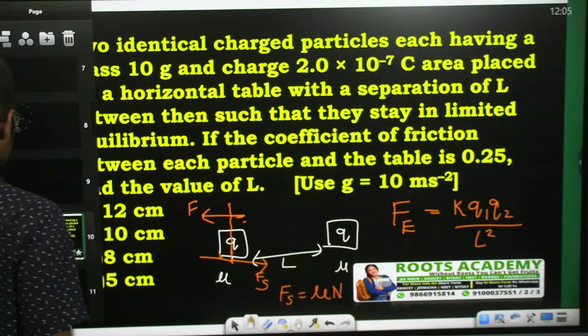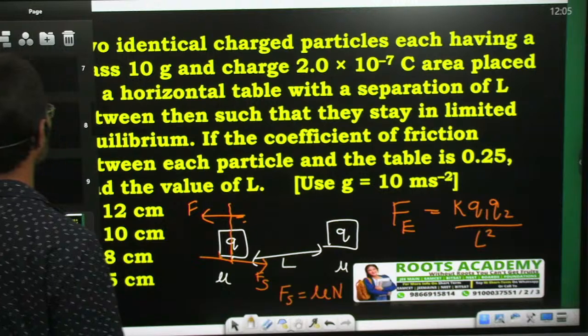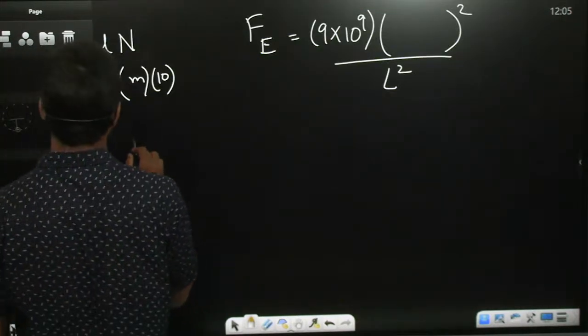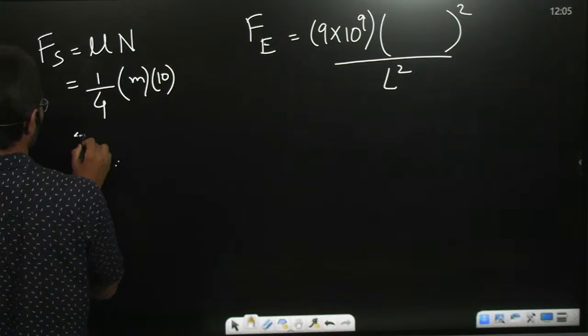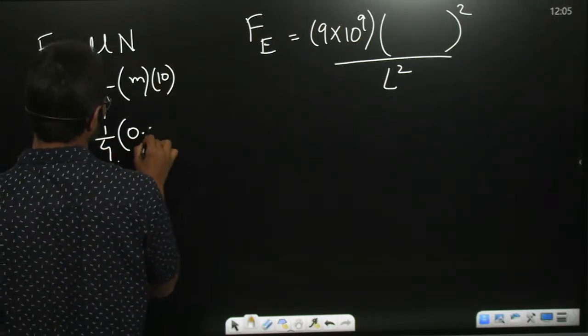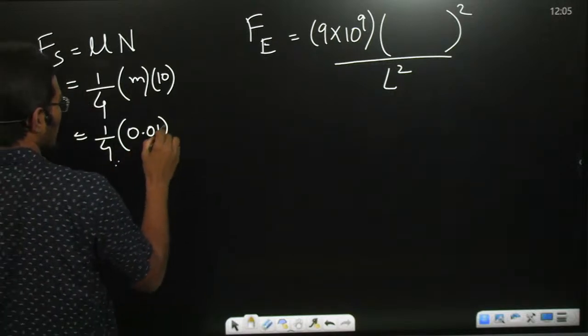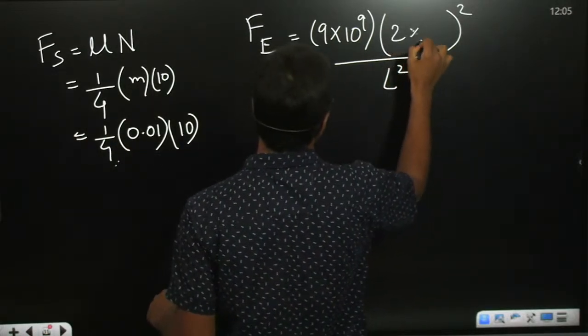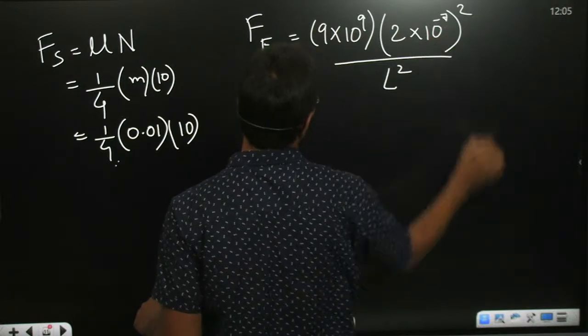What is the charge? Mass is 10 grams, charge is 2 into 10 power minus 7. Let us convert the mass into kg, because we are dealing with MKS units.